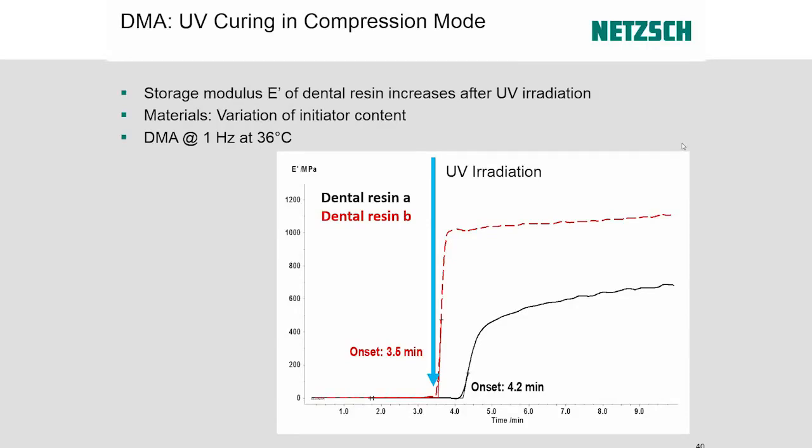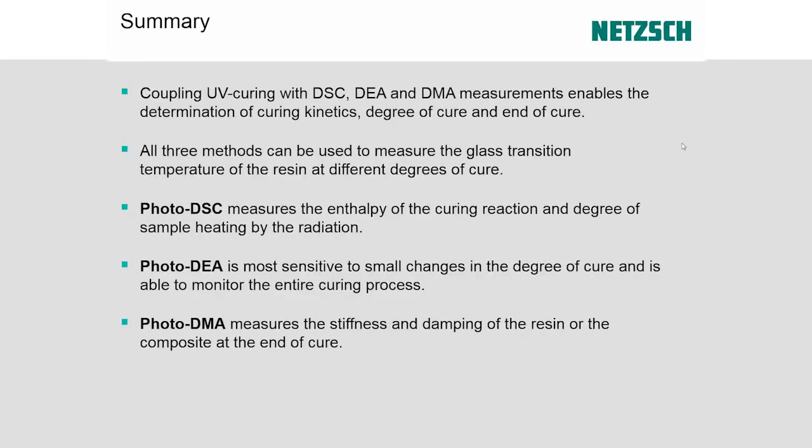This is a fairly similar set of information to what we got from the DEA, but it's in real mechanical terms that we can use externally and compare externally. So this has been a relatively quick run through of the different ways that you can analyze UV curables.